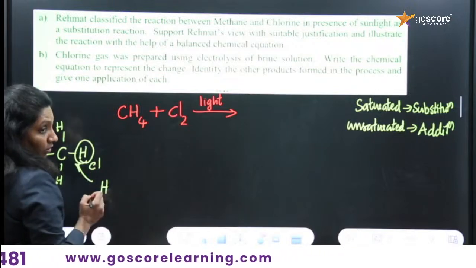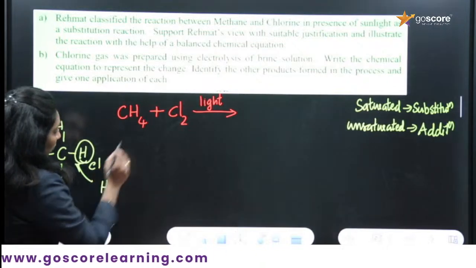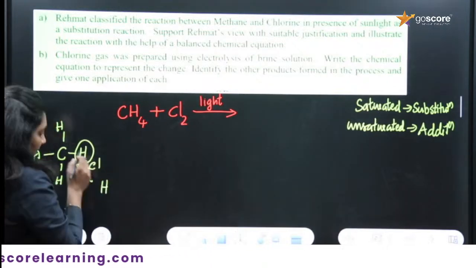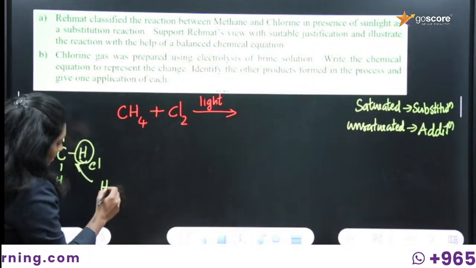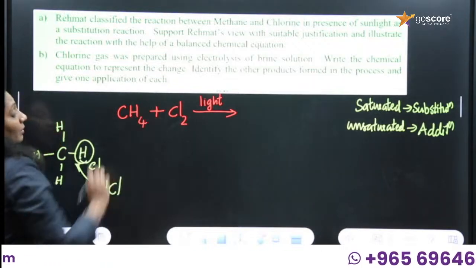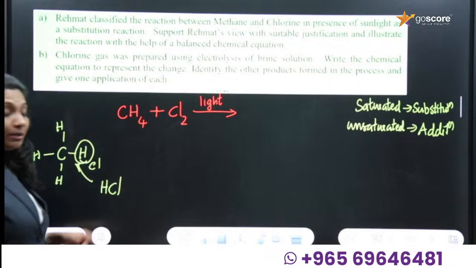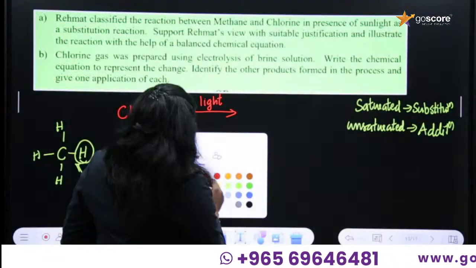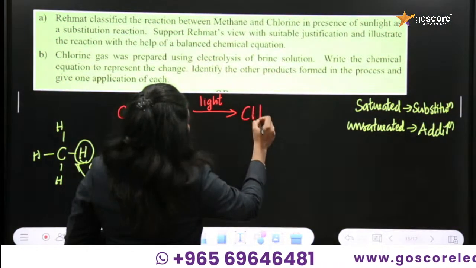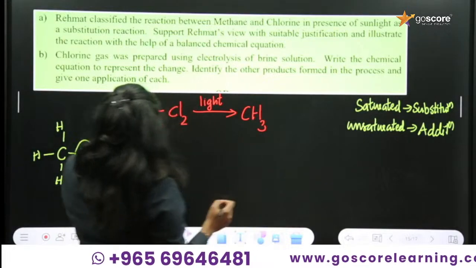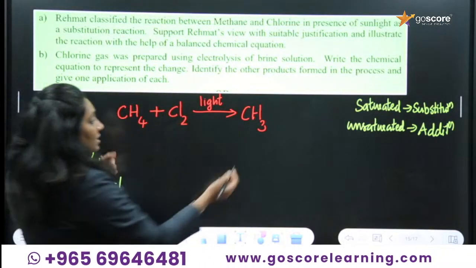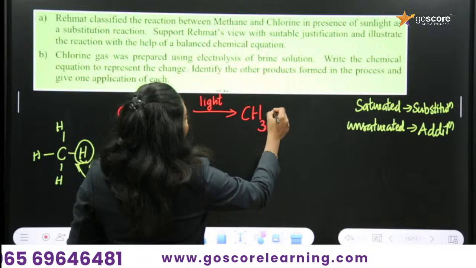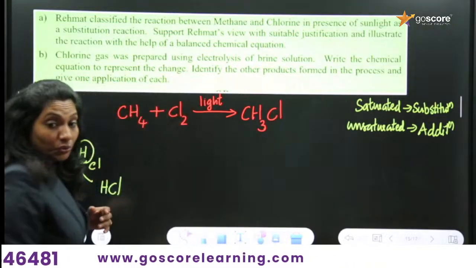We have 2 molecules of chlorine there, right? So one chlorine will come and substitute the hydrogen, and the released hydrogen will combine with the remaining 1 chlorine, and what will be the product you are getting? You will be getting CH3. Among the 4 hydrogen, 1 hydrogen is replaced or substituted by chlorine.